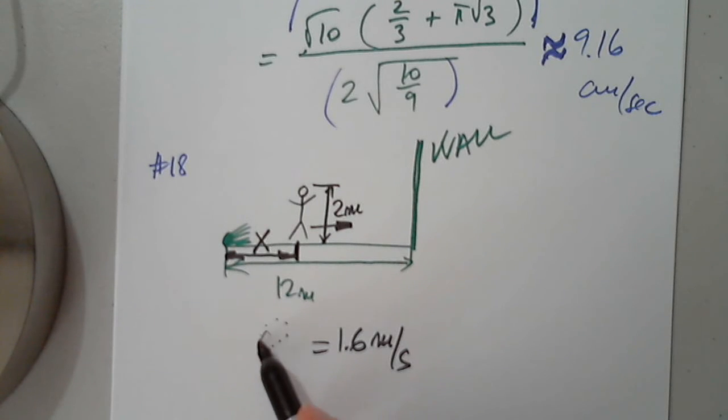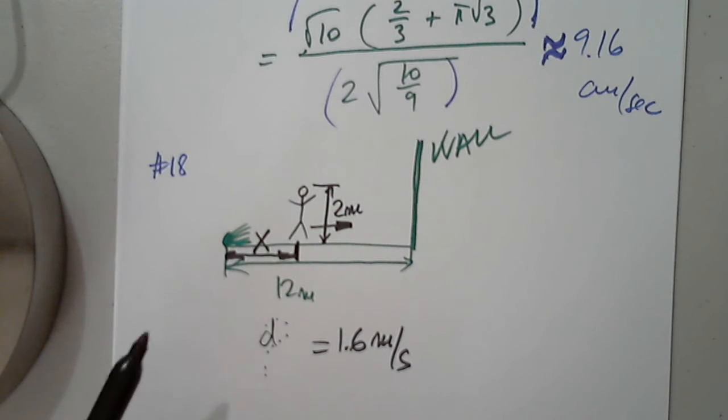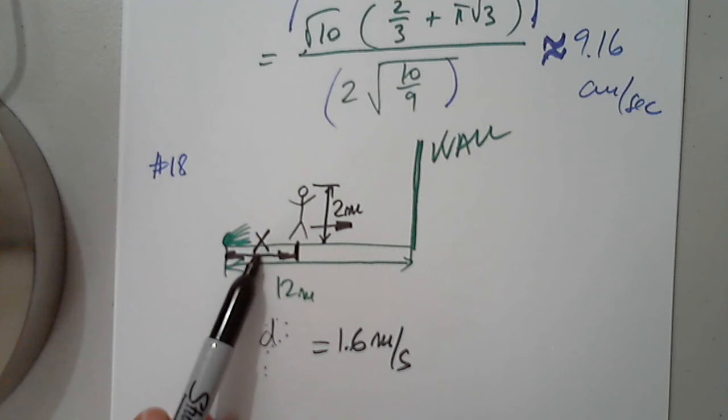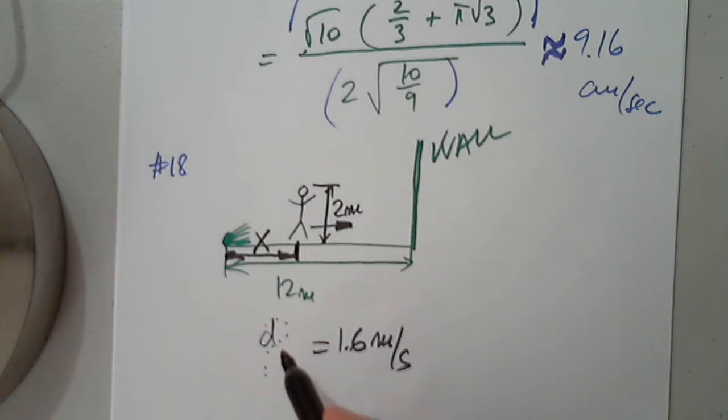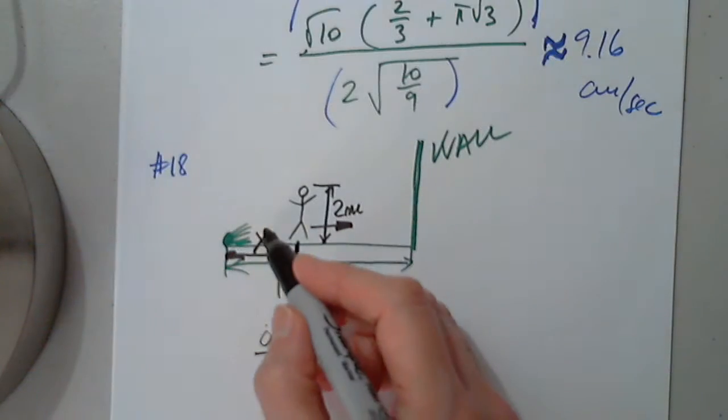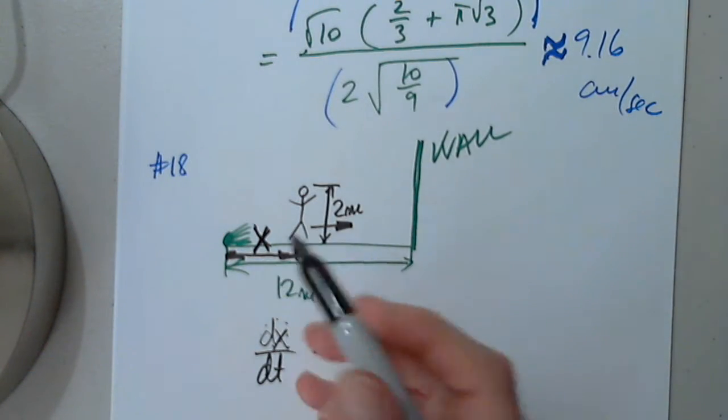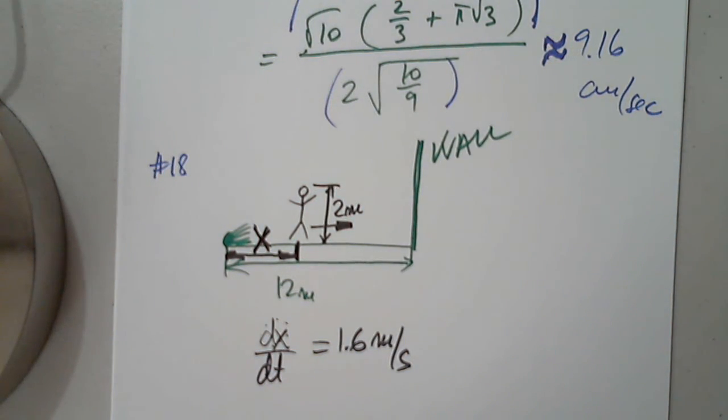Would it be dw over dt again? We don't have W, unless you want to denote this by W. It's dx over dt. Perfect. If you want to denote it by W, we can. It doesn't matter. Good.